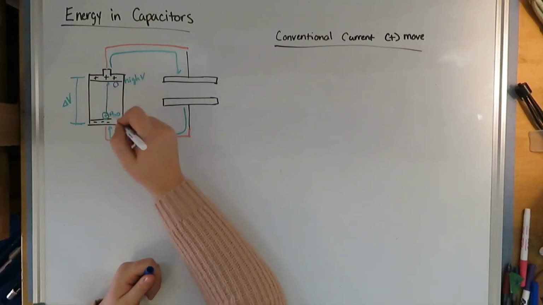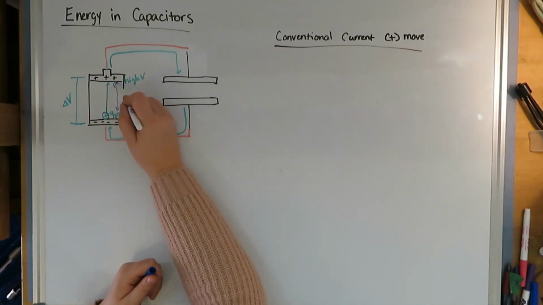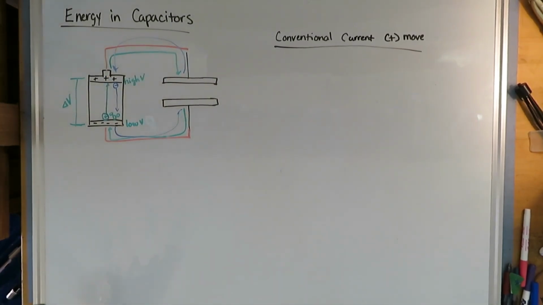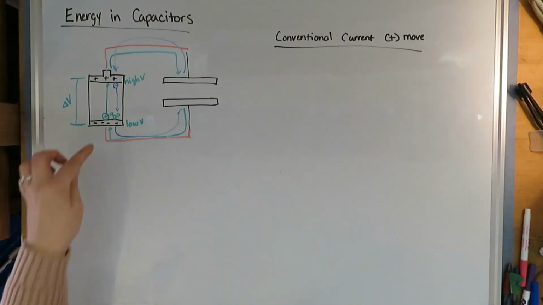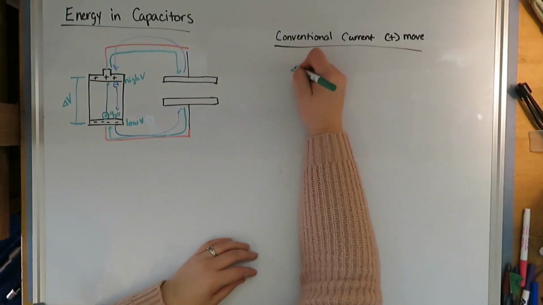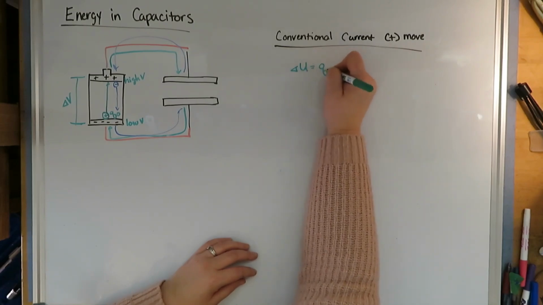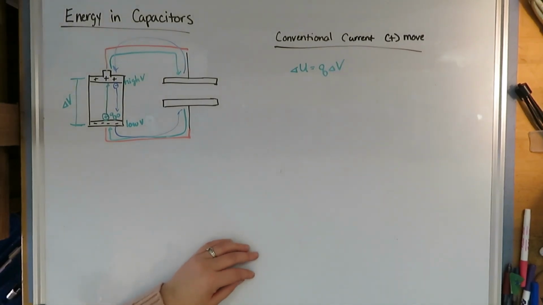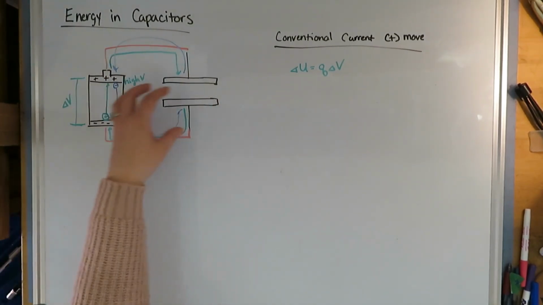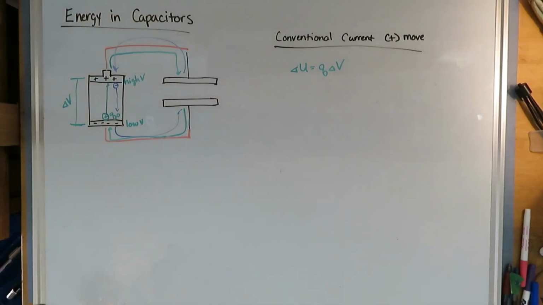By having a negative charge up here, you'd have to move that negative charge down to create a negative current in the opposite direction. So it does work no matter which way you look at it. And so we can define that our change in potential energy is going to be Q times delta V. By doing work here, I'm getting a change in potential energy.